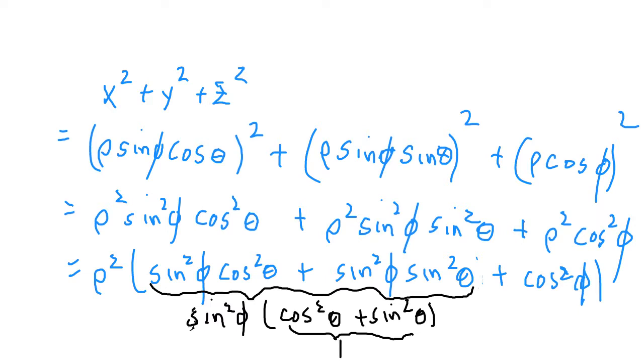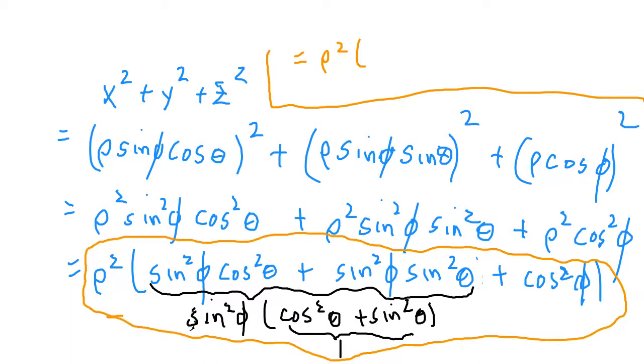And so what you're left with is rho squared times sine squared phi plus cosine squared phi, right?